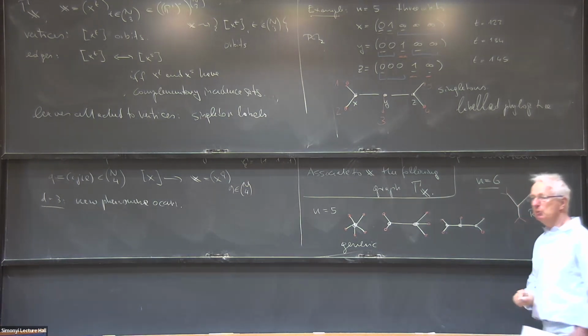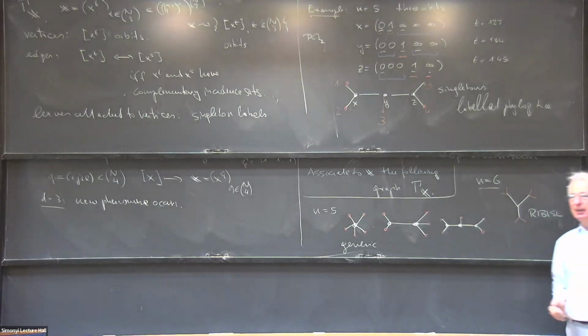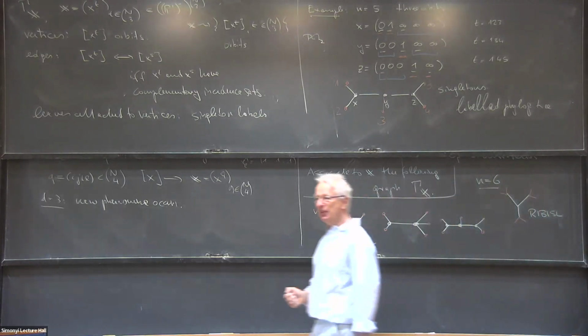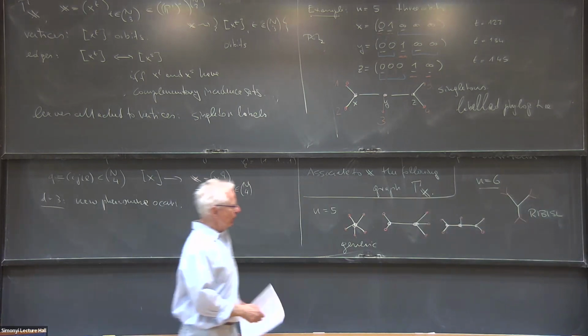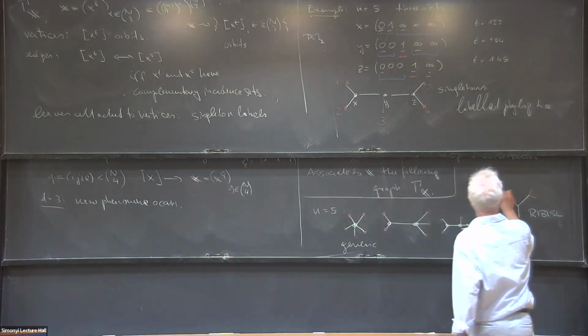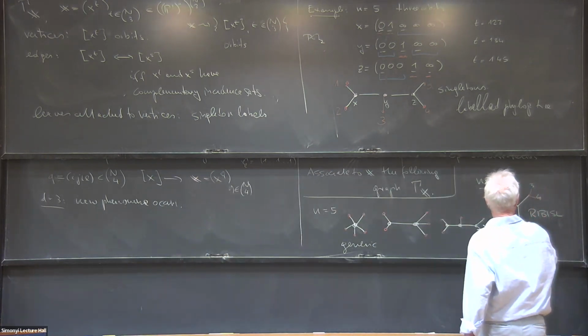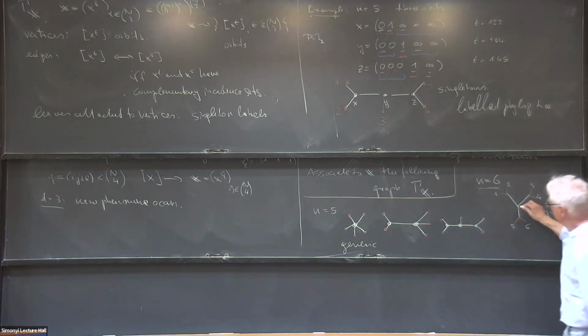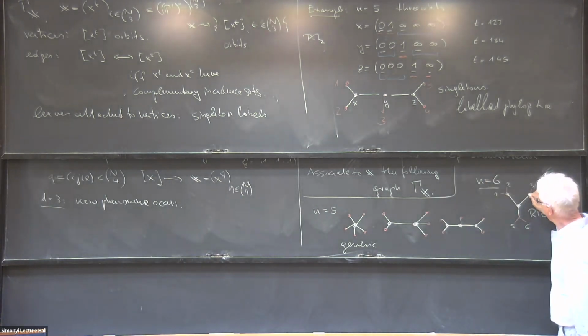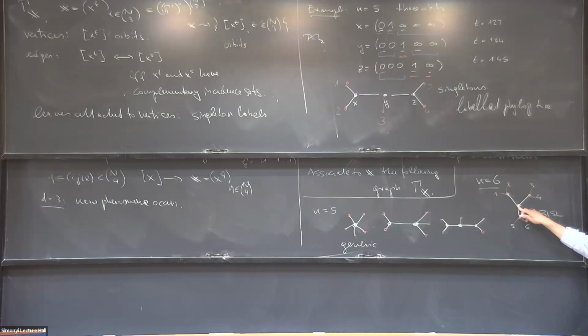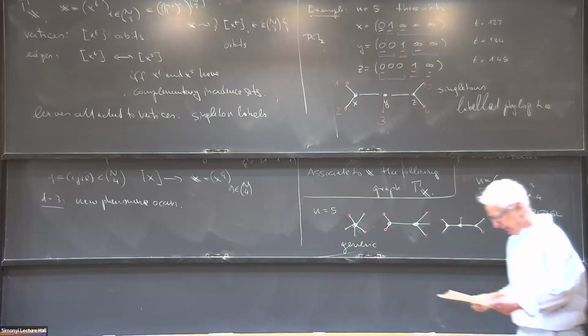I don't explain why we call it Riebistel, but you can look up in Google Translator what it means. So here you have 1, 2, 3, 4, 5, 6. You have one vertex, one orbit, which has no singleton at all, but it has 3 ramifications, so the condition for the phylogenetic tree is fulfilled.